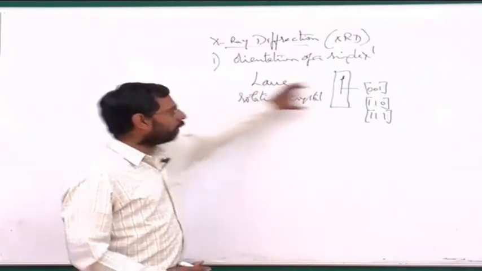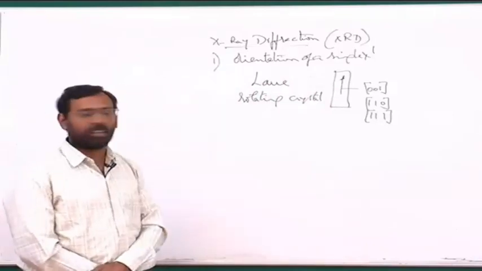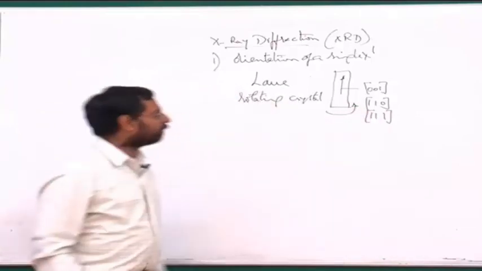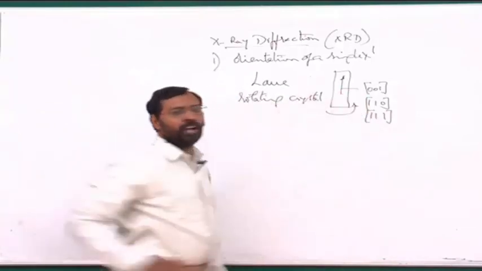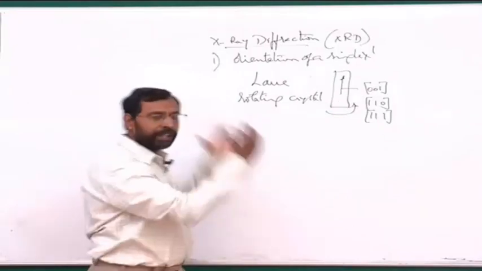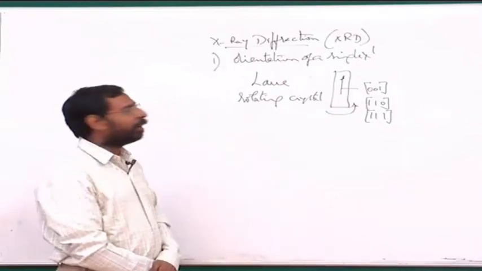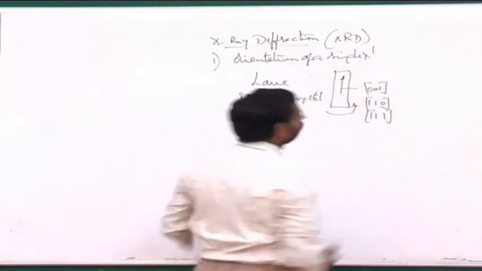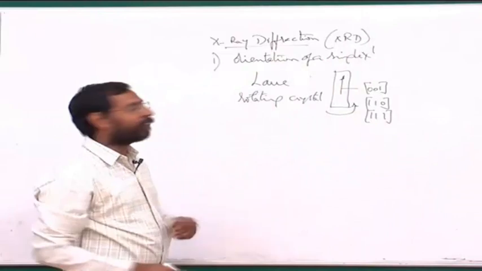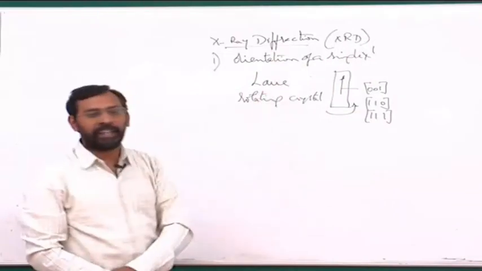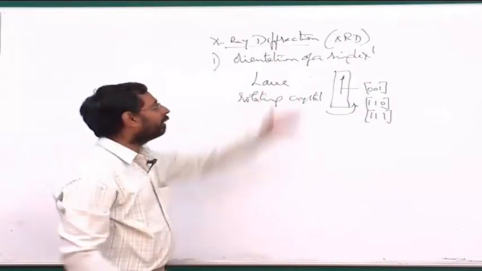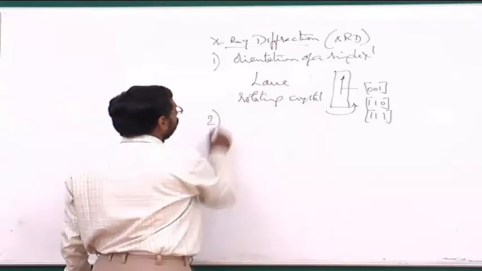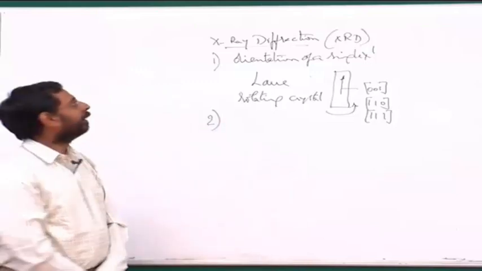The second technique is the rotating crystal technique, where the single crystal is made to rotate, and an X-ray is allowed to fall on it, and the diffraction pattern is generated on a cylindrical film which is kept around this single crystal. You can analyze the diffraction pattern and get to know what is the orientation. So this is one of the important applications of X-ray diffraction.